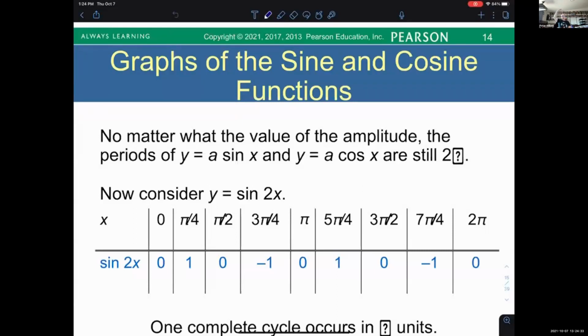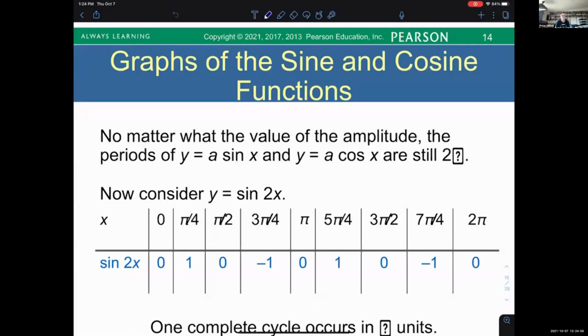Or similarly, I could make the bumps smaller by multiplying by something less than 1. Like I could multiply by a half, and then the bumps would get only half as big as they used to be. But what happens if I go inside and I multiply the angle inside of the function by 2 before the sine function has a chance to see it or evaluate it?